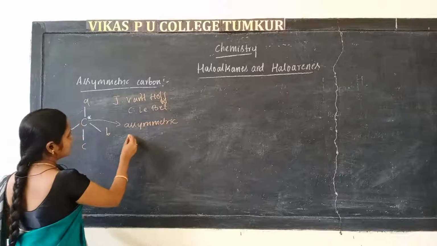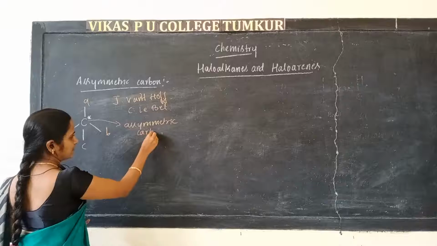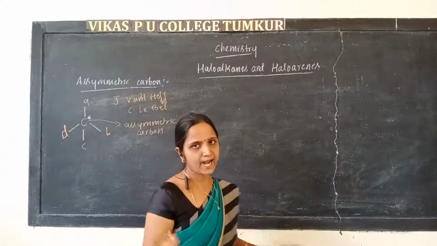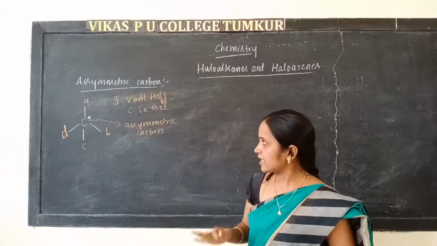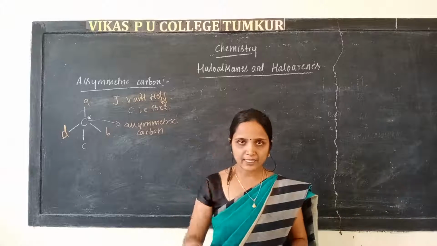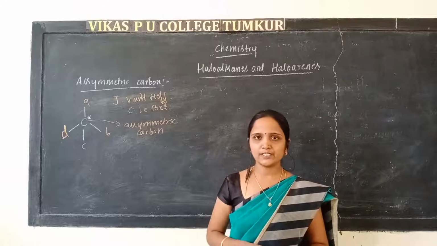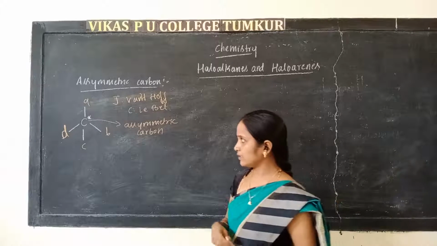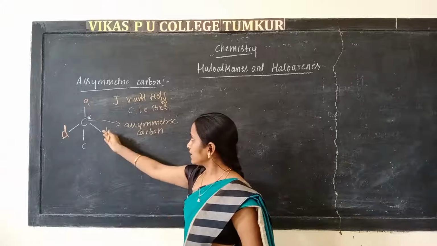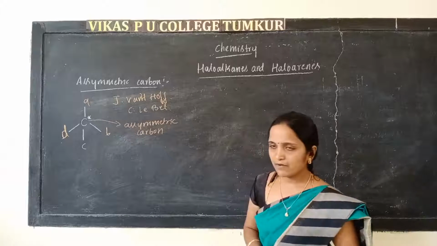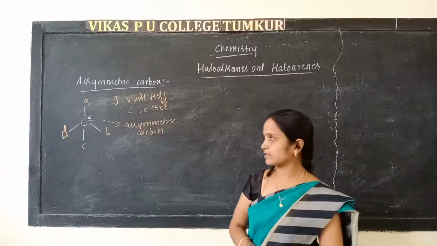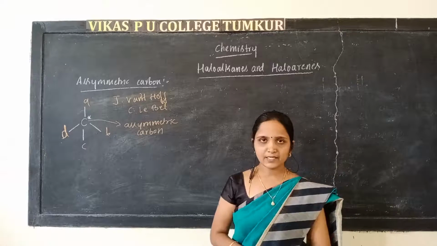The carbon atom surrounded by four different groups or atoms is called an asymmetric carbon, chiral carbon or stereo center. These two scientists discussed this asymmetric carbon.